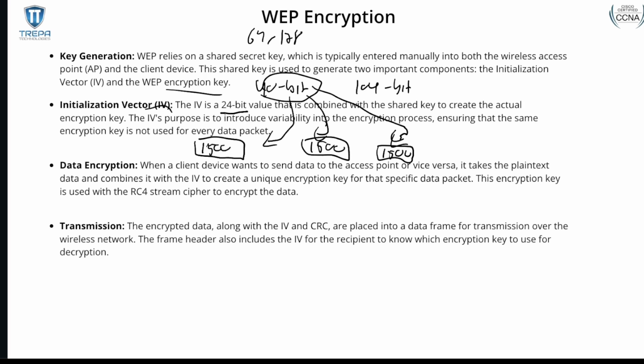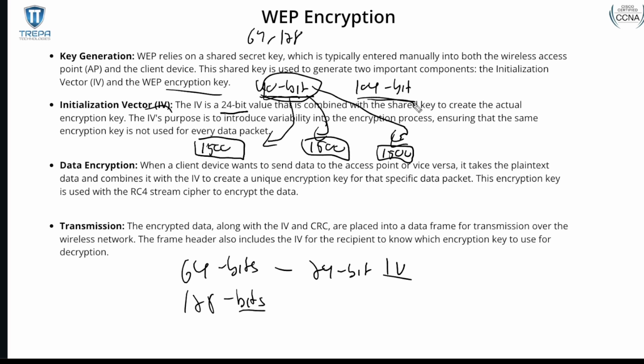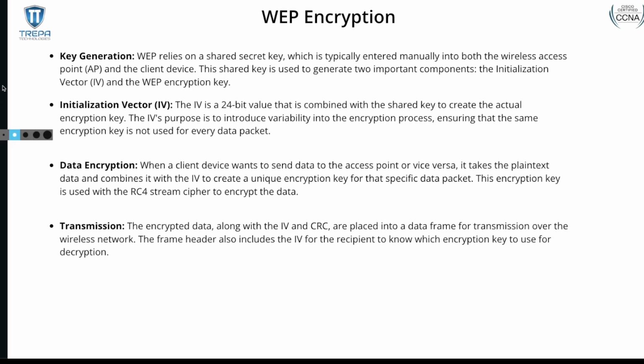So technically, yes, WEP is a 40-bit and 104-bit key size, but when you add in that IV, depending on how you look at it, it's 64 bits total minus the 24-bit IV. No matter how you spin it, it's 64 bits and 128 at the end of the day. But depending on what exam you might be taking, they could say that WEP keys are actually 40-bit and 104-bit technically. Just depends.